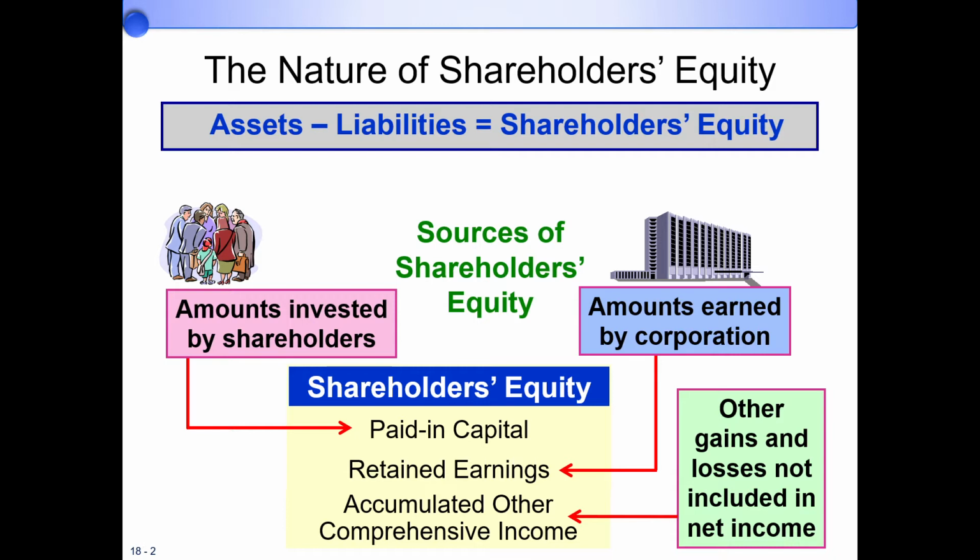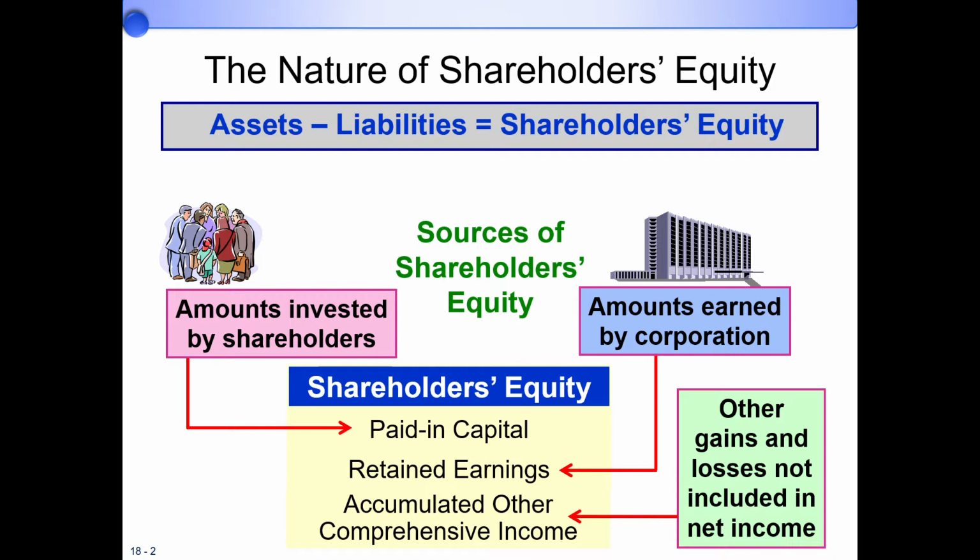The third component is called accumulated other comprehensive income. It might be a little new, but we mentioned this in 121A, where we talked about other comprehensive income.